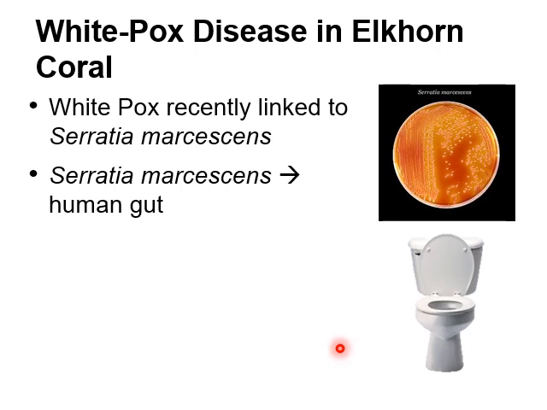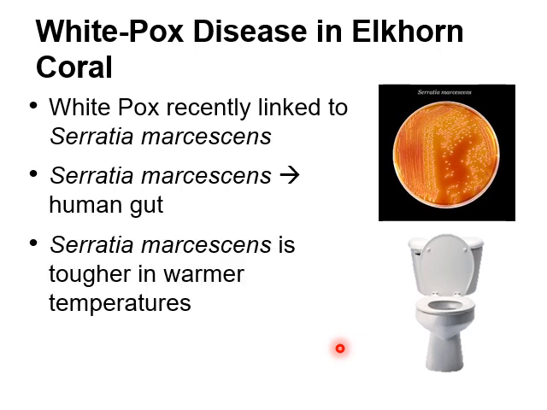and causes that Elkhorn coral to have White-Pox disease. And those same scientists found, in a follow-up study to the original study where they identified Serratia marcescens, that in the lab, Serratia marcescens is a lot tougher and grows better and lives longer in warmer conditions than in colder conditions.